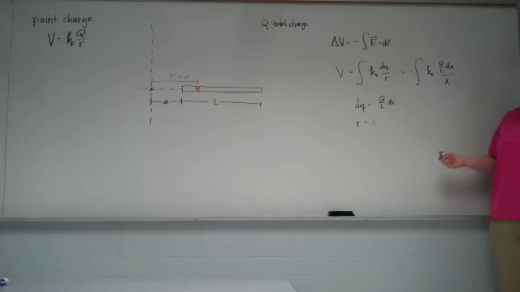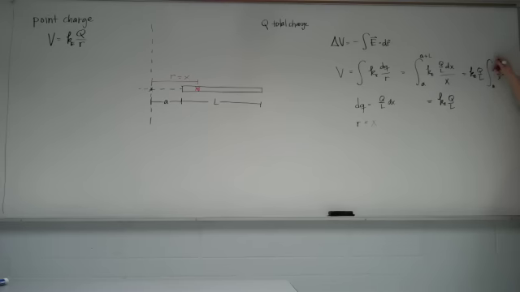Our limits of integration, again, tell us where the boundaries of the charge are. So the left end of the rod is at A, the right end of the rod is at A plus L. The k and the q over L come out, so we're left with the integral of 1 over x dx.